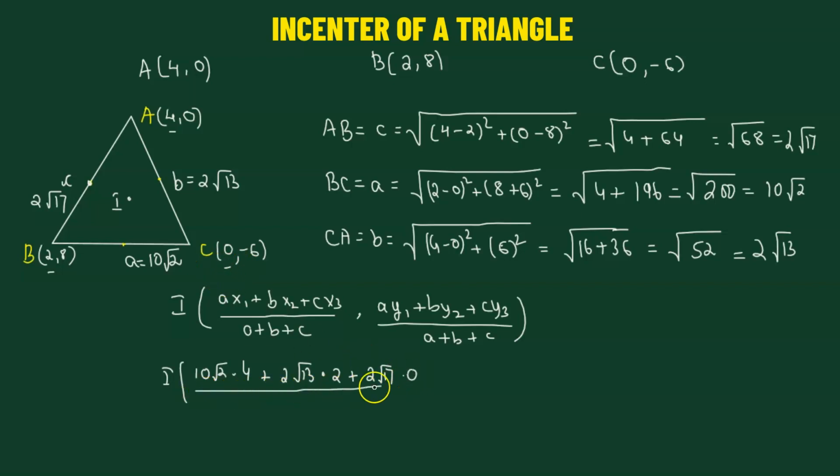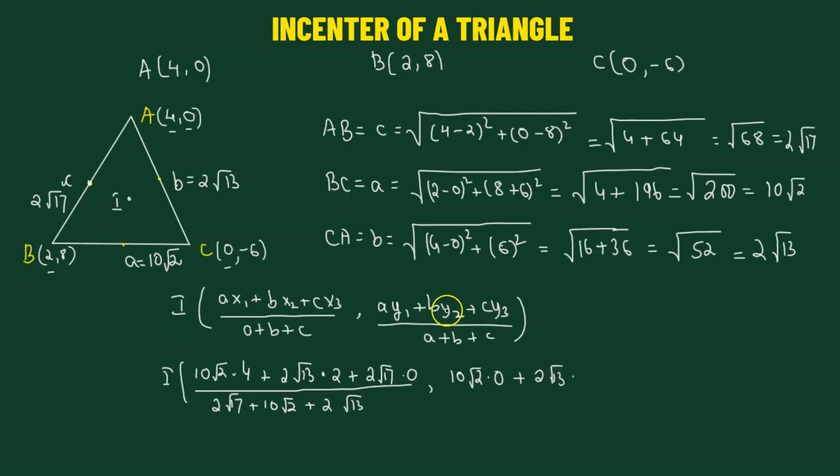Whole divided by, we'll have to take the sum of A plus B plus C. So we have 2 times square root of 17 plus 10 times square root of 2 plus 2 times square root of 13. And coming to the Y coordinate, so we have A, so A is 10 times square root of 2. This will be multiplied to Y1, so Y1 corresponds to the Y coordinate of A, so that's 0. Plus B, so B here is 2 times square root of 13.